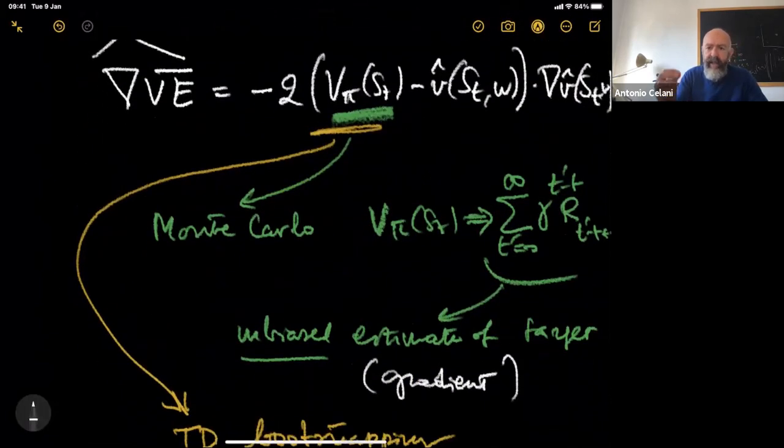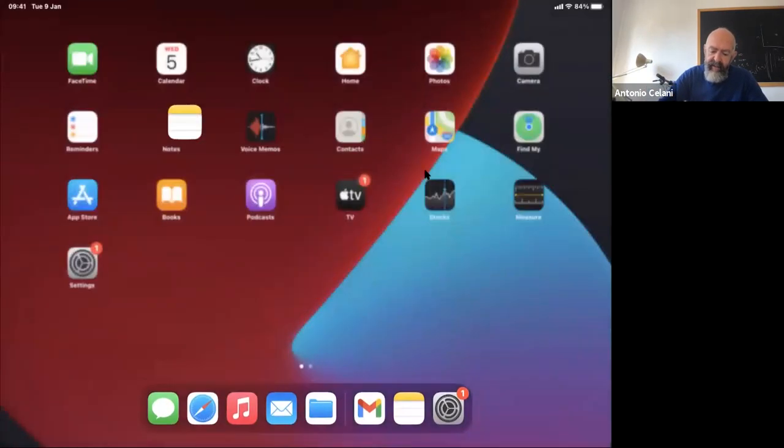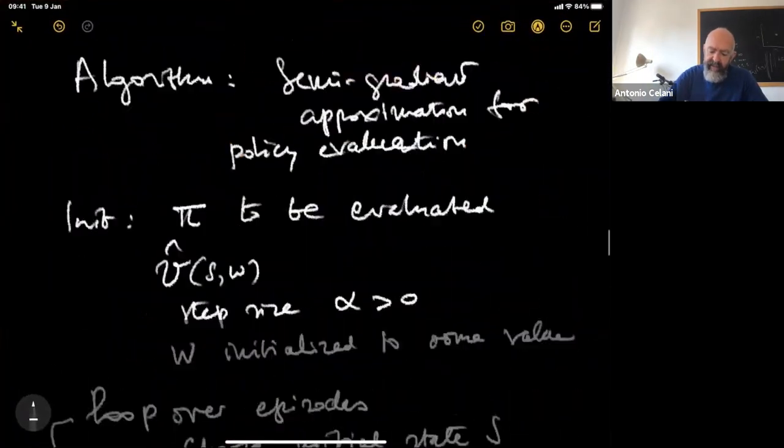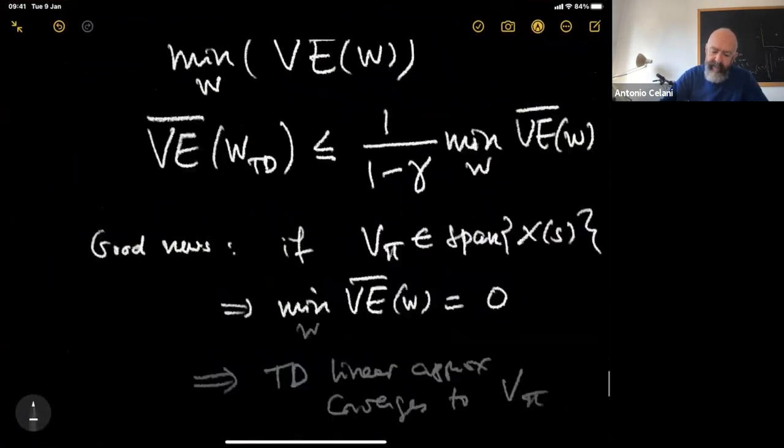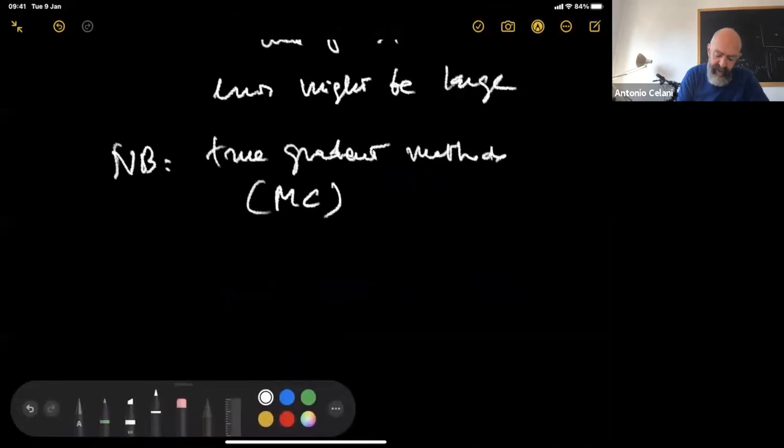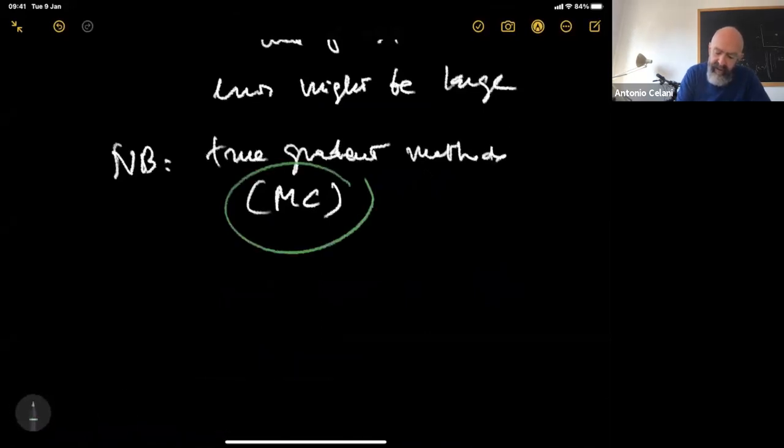If we use an unbiased estimate for the target, that is, we use Monte Carlo, in this case, which is the case we have been picking in green, your sequence converges to the true W star, which is the argmin. So in this case, Monte Carlo always converges.